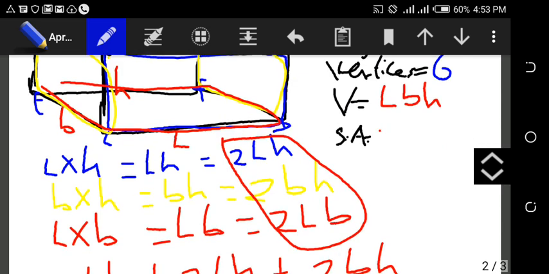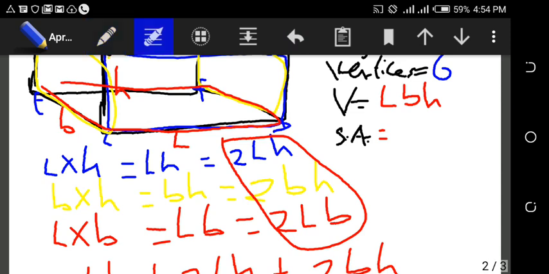So our surface area in this case is 2 into bracket L, LB plus LH. Oh no, that wouldn't squeeze in. You already have it down here.